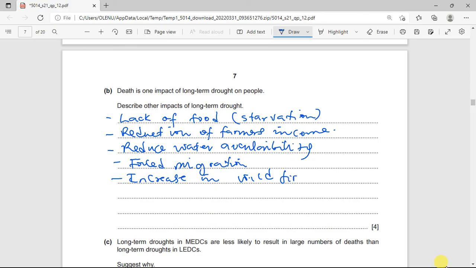Another thing is, this drought can lead to conflict between areas as a result of dependence on food aid.